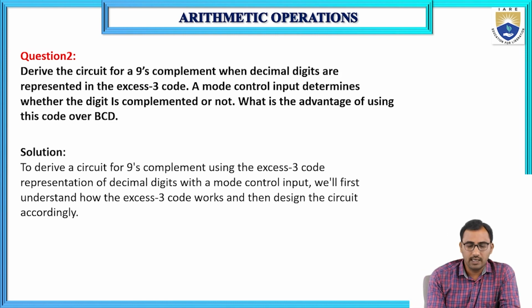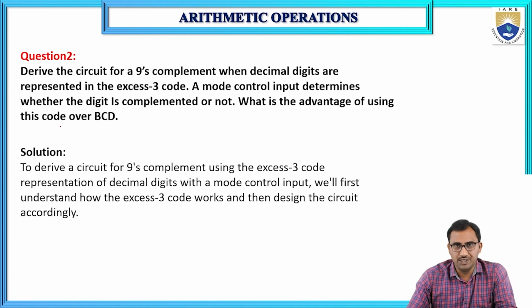And the second one: derive the circuit for a 9's complement when decimal digits are represented in excess 3 code. The mode control input determines whether the digit is complemented or not. What is the advantage of using this code over BCD?